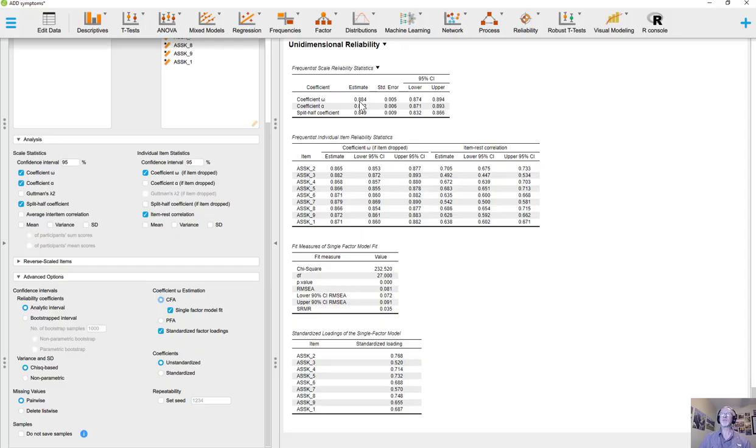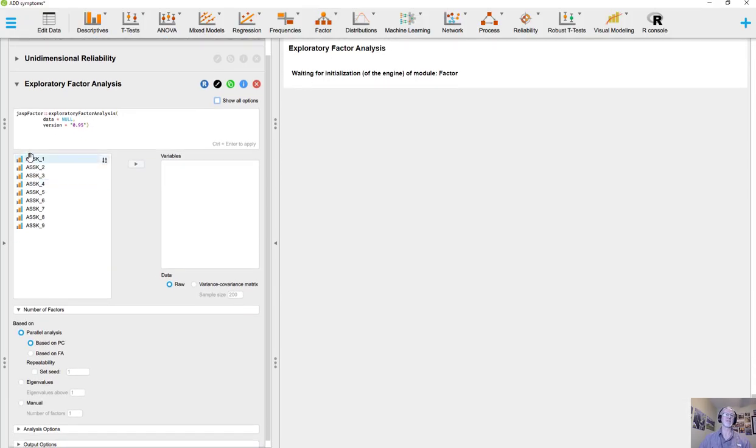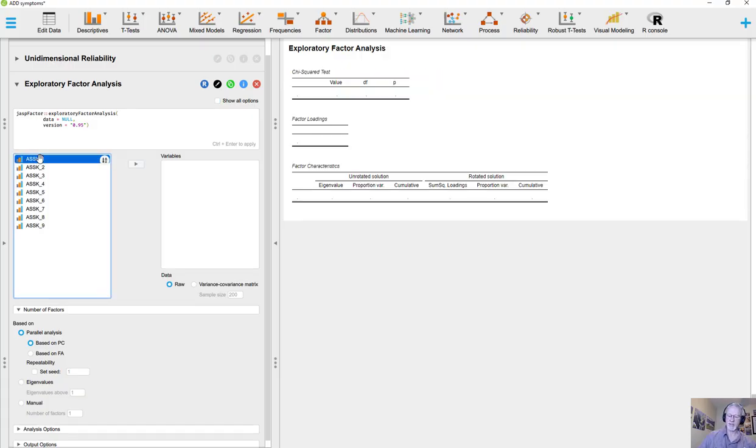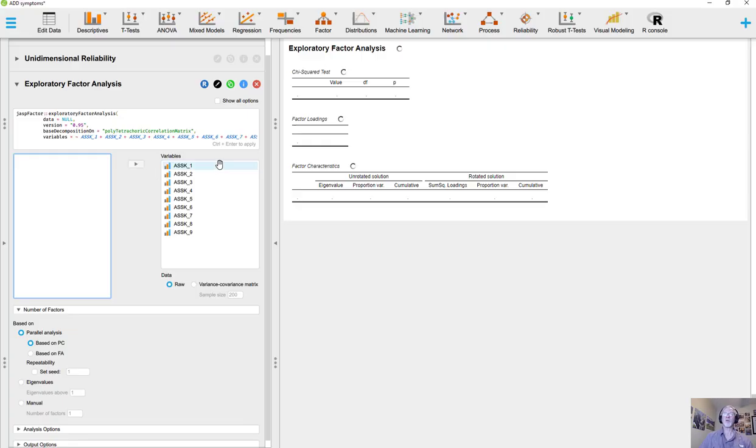But let's push ourselves a little bit and look at this via factor analysis. This is a very cursory view of factor analysis, and we'll delve into it more deeply later on. If we go to exploratory factor analysis, I'm going to take these items and put them over here.